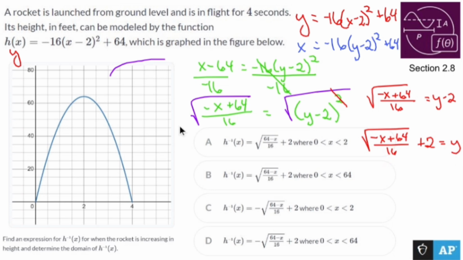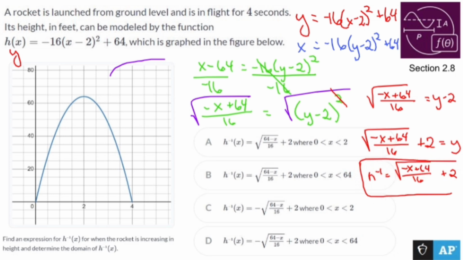Let's flip-flop it and turn that into h inverse equals square root negative x plus 64 over 16 plus 2. Now this is my height.